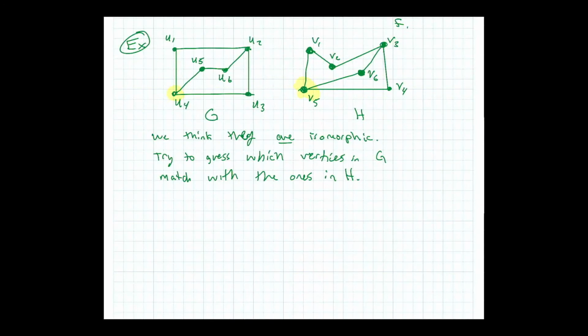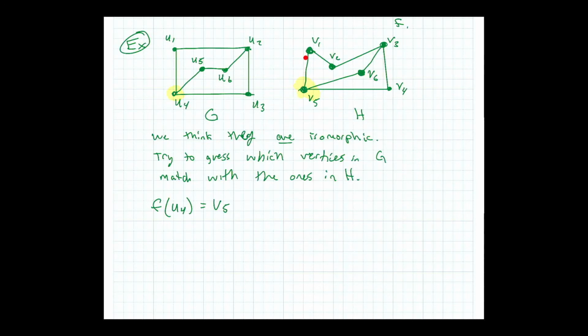Okay, so we'll start trying to write this down. F of U4 looks like V5. Now then what you have to do is you say, okay, well, this is connected to U1, U5, and U3, right? 3 different ones.